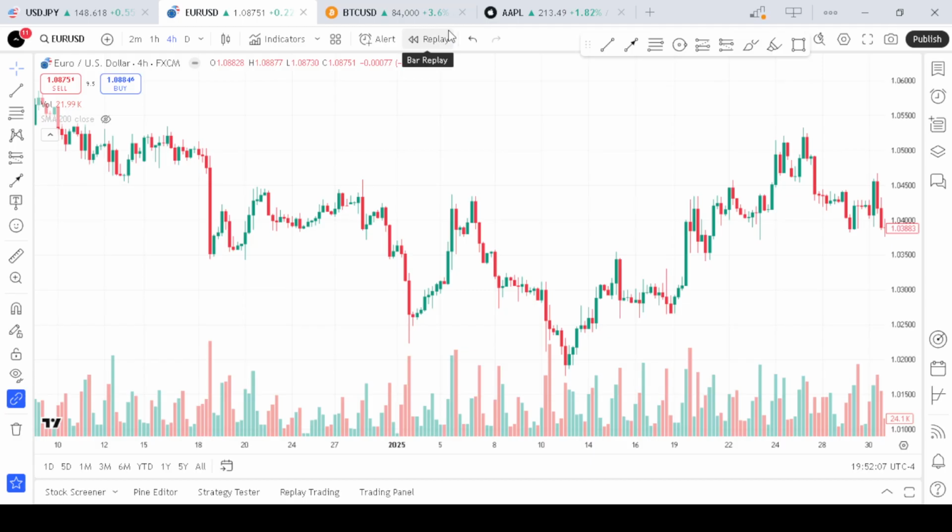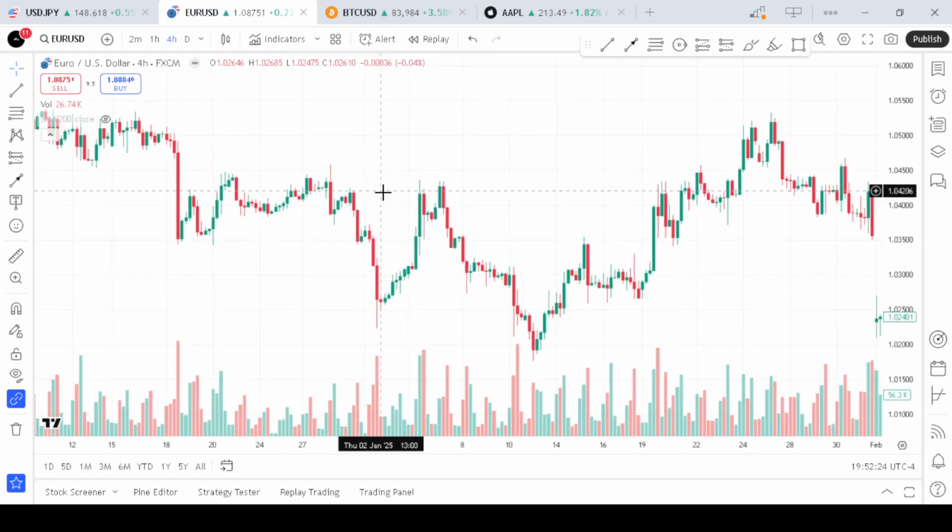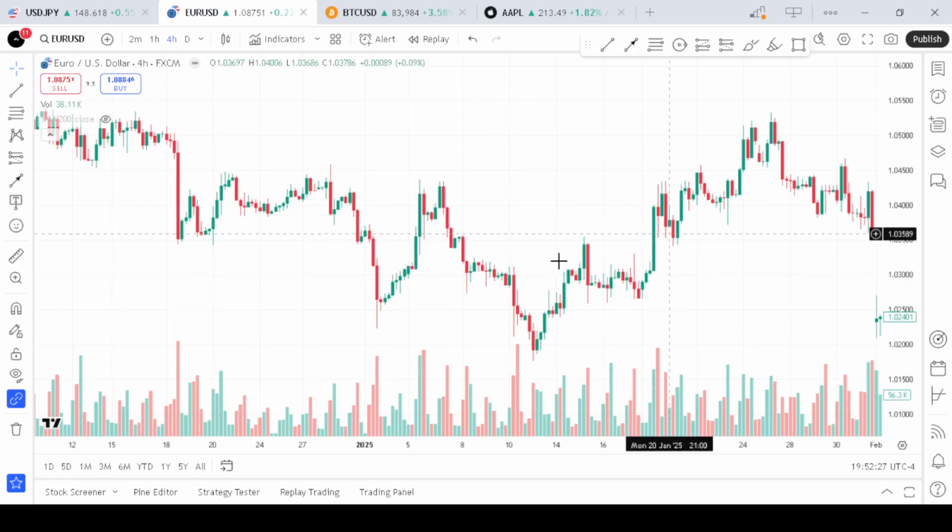First of all, we start by understanding what support and resistance are. They are critical concepts in technical analysis, helping you to understand where price movements may pause, reverse or consolidate. Support represents a price level where demand is strong enough to prevent further decline.